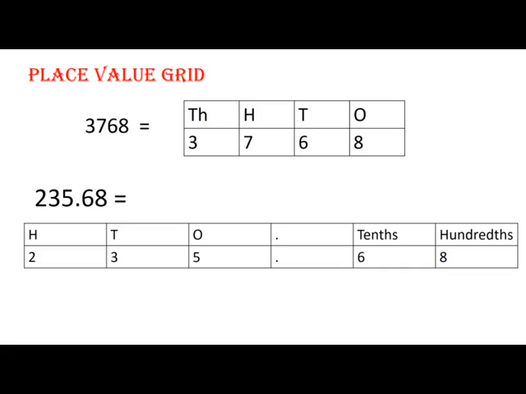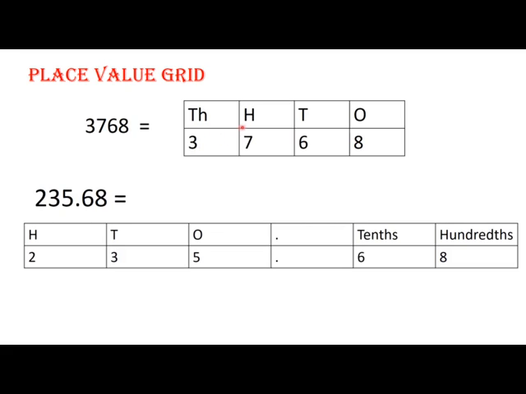Next one, representation of decimal number using place value grid. First we will look at the normal number. 3768. Same example. I am writing the place value grid. So 1000, 100, tens and ones. I have drawn the place value grid. 3 is in thousands place.